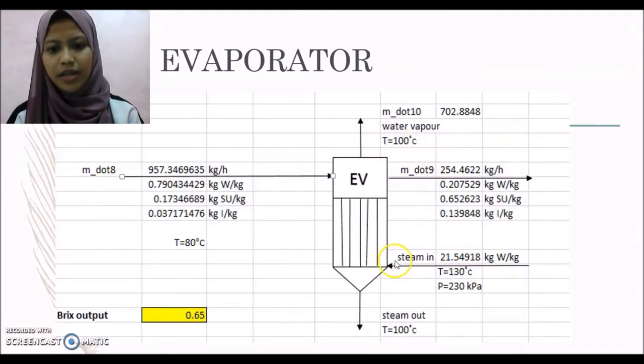There is also steam in and steam out. For steam in, the temperature is 130 degrees Celsius, and steam out is 100 degrees Celsius. The output from the evaporator is 254.46 kg per hour, and the composition is water, sugar, and impurities.